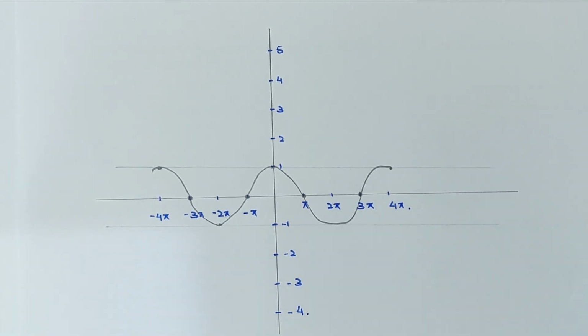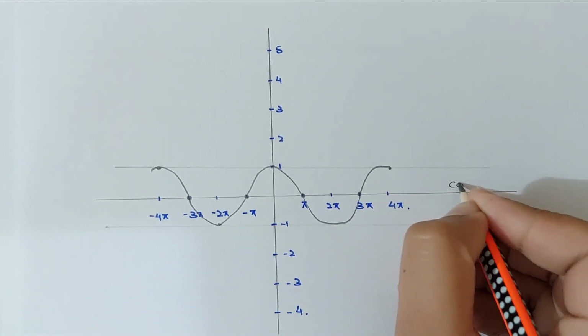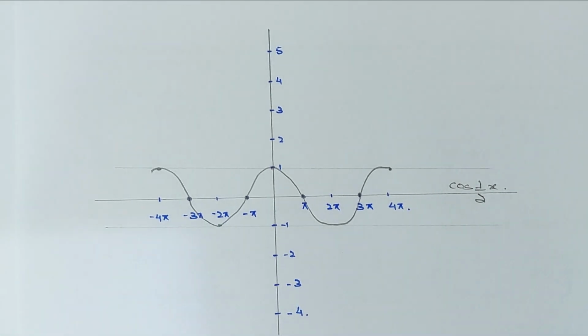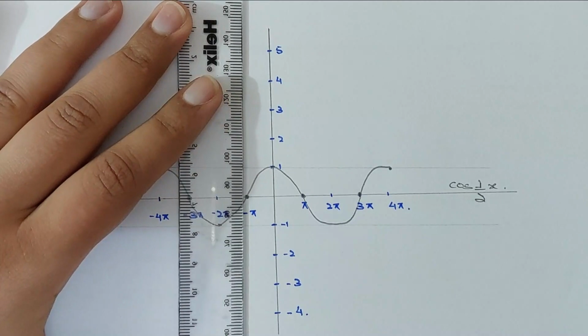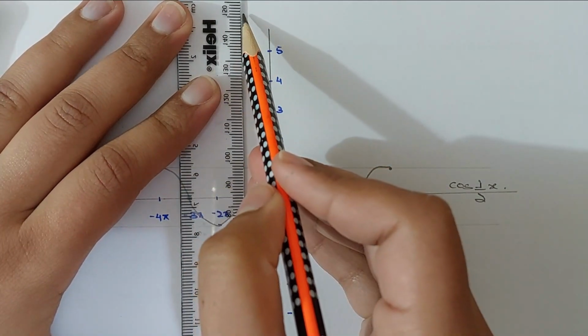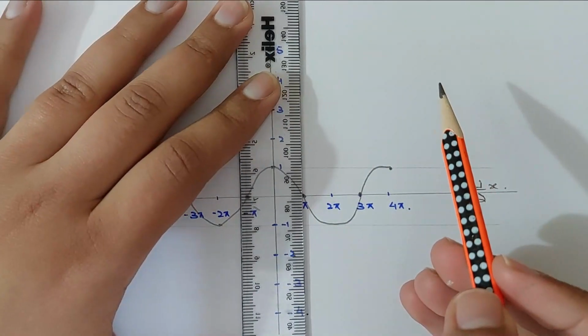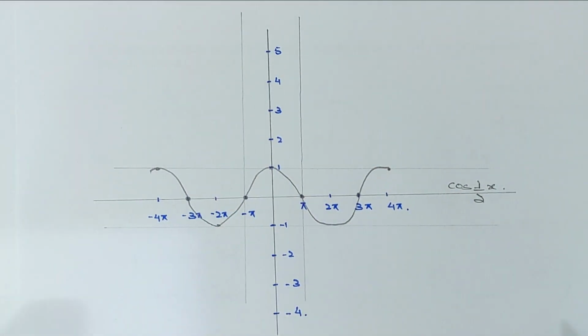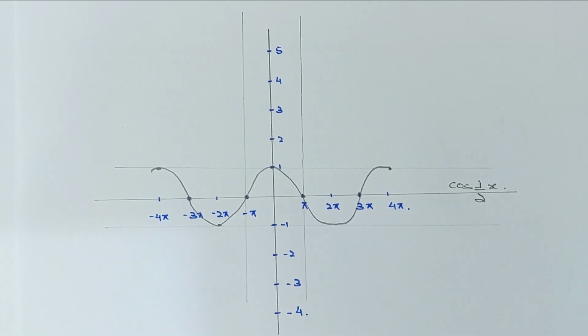Okay, so now let's do the reciprocal of cos half x. This is cos half x. Now the reciprocal of cos half x is secant half x. So I'm doing the reciprocal between minus pi and plus pi, because we know that at minus pi and at plus pi cos is equal to 0, right? When cos is equal to 0, secant is undefined, right?